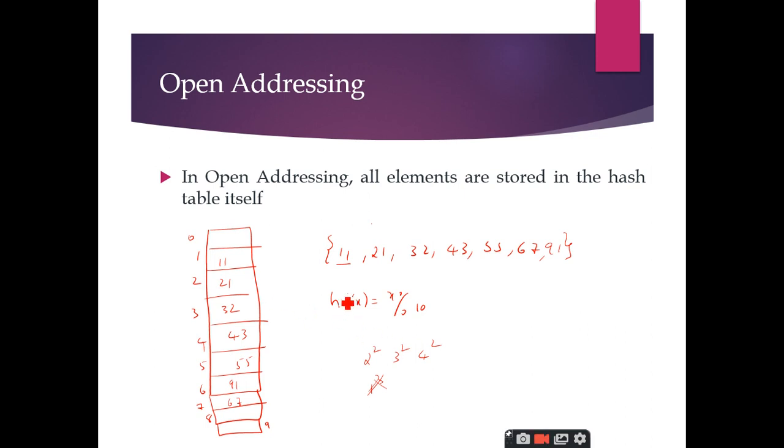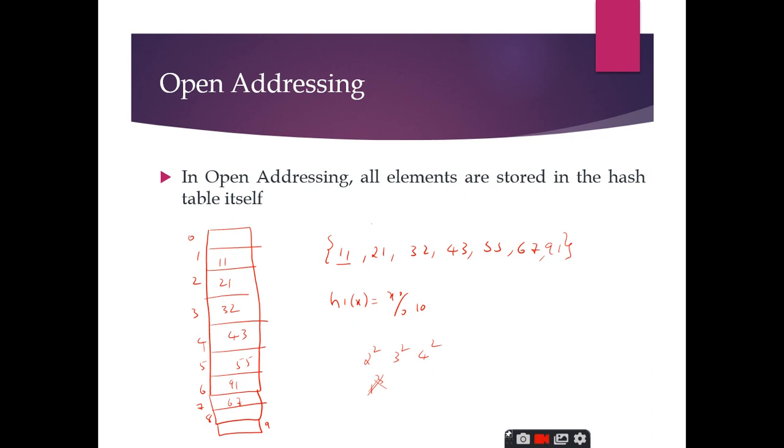So the disadvantage of linear probing is all the collided values will be occupying the adjacent positions. Am I right or not? That is what linear probing is. When I get a collision, I go and search the next location, and if it is vacant, I just insert it.